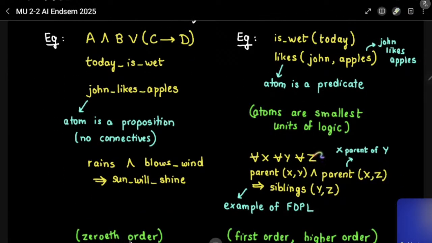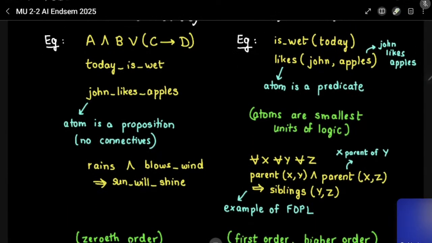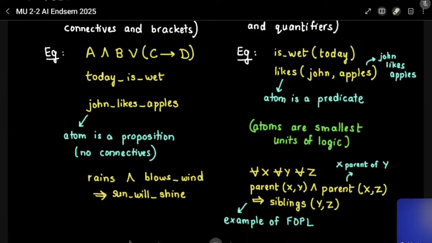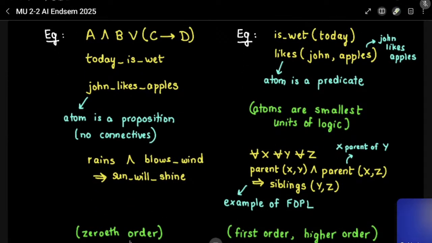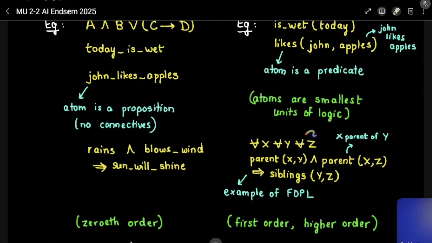In particular, this is an example of first order predicate logic. And you can informally call propositional logic zeroth order logic, and first order logic, or specifically first order predicate logic, because you have quantifiers, variables, and all those things.